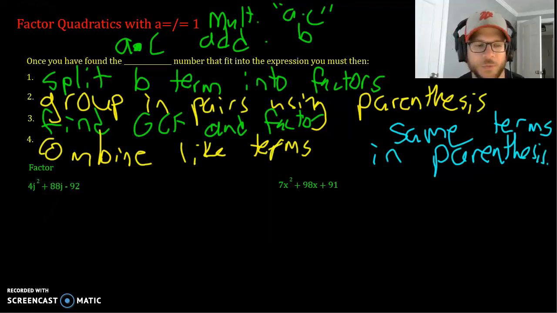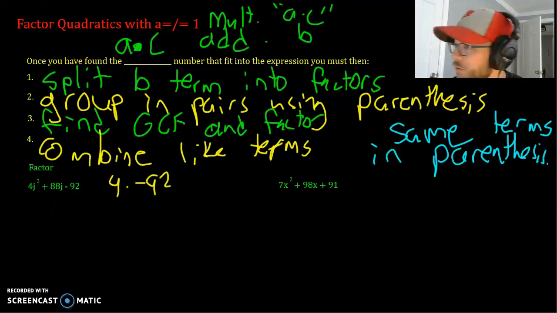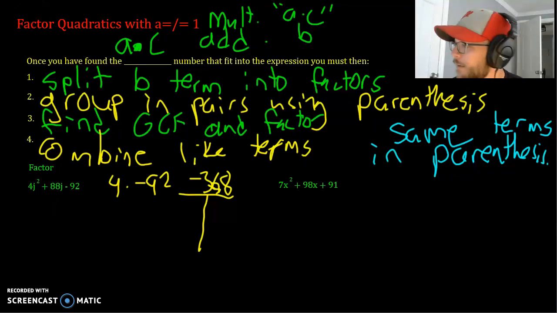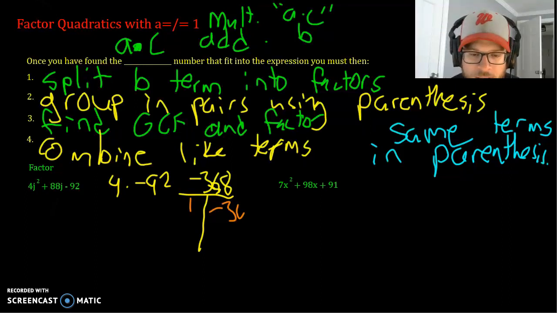Okay, so the first thing we're going to do at the beginning in this example is to multiply our a times c. Now our a is 4 times negative 92 is going to give us a negative 368. This is the number that we're going to be finding our factors of. Now we have positives and we have negatives, so when we're looking for the factors, we have a 1 and a negative 368.